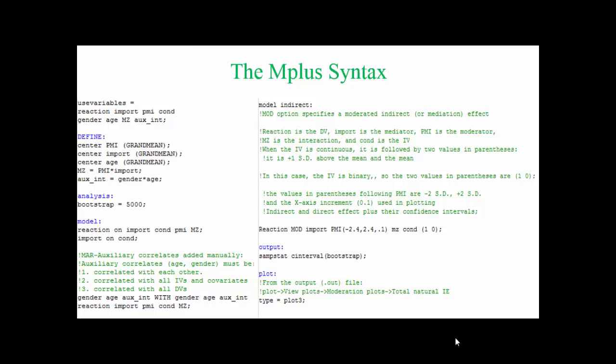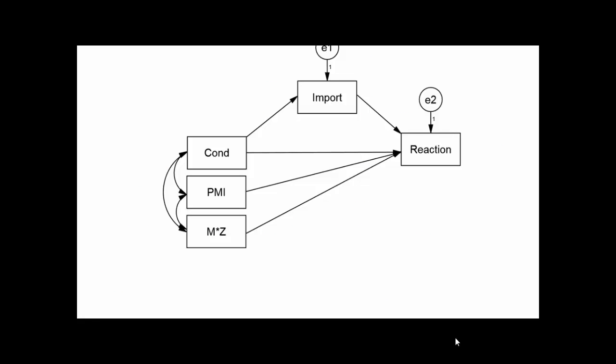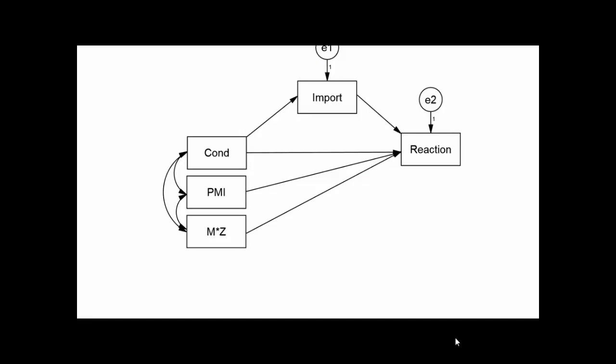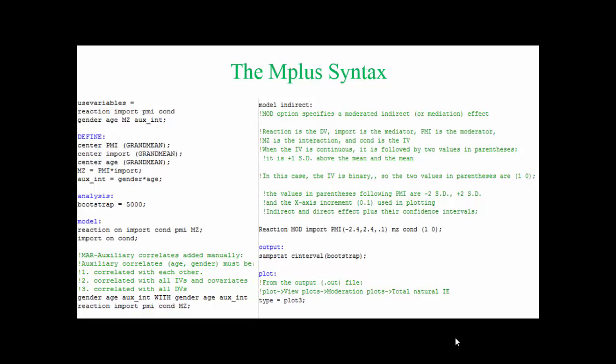So if I back up for a second, let's say we had missing on perceived media influence, and that's an exogenous or X-side variable. So in addition to the on statements that parameterize this moderated mediation model, if I had missing on PMI, what I would want to do is two things.